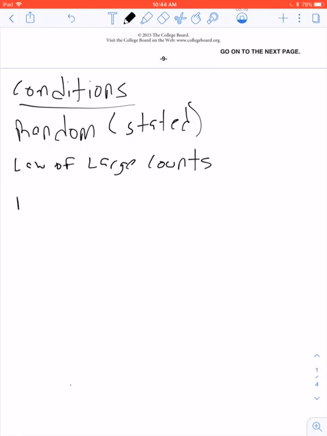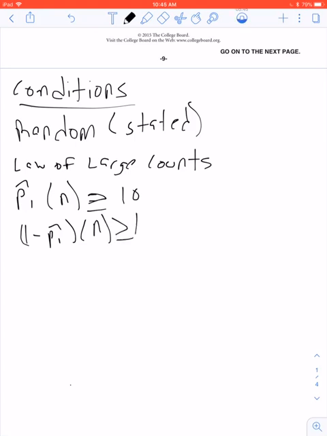In other words, the proportion of people who get colon cancer, P1 hat, times the sample size has to be greater than or equal to 10. Let's run that back. 1 minus P1 hat times the sample size N has to be greater than or equal to 10. And then the same thing has to be said for the second group. I'm using P1s and 2s.